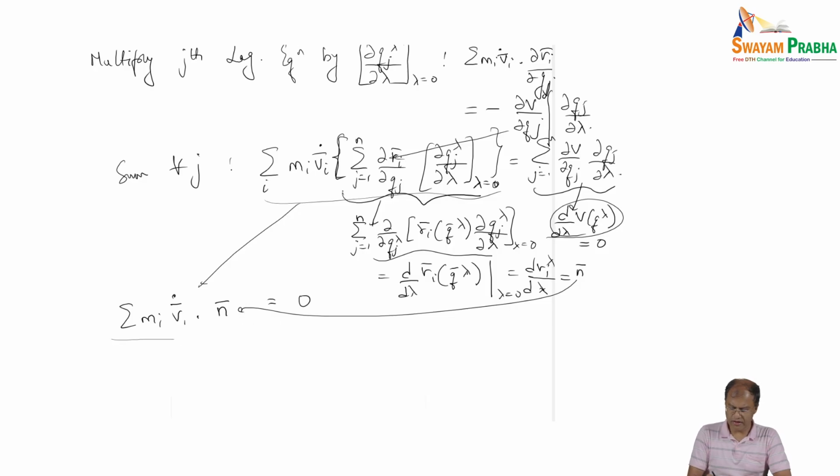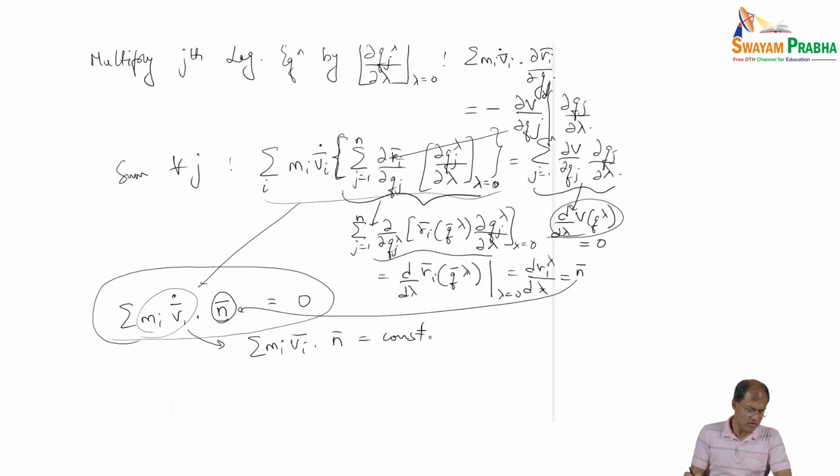So the component of the linear momentum along the direction n is conserved. This is our linear momentum. So from here we get that summation mivi dot n is a constant, which is the component of linear momentum in the nth direction.